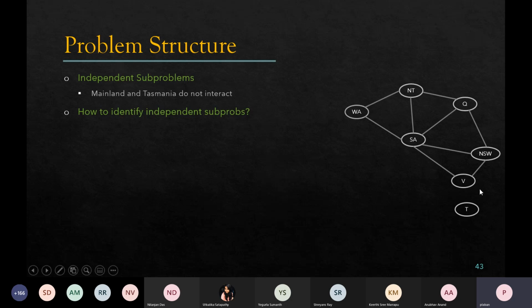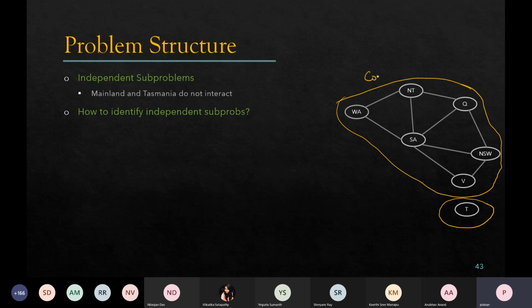If you check this particular subgraph, the nodes are connected to each other, but these nodes are not connected to this node, right? So that is a component in the network, and this is another component in the network. Now you see that we can solve these problems individually, right? We have efficient algorithms to find the connected components in a graph.